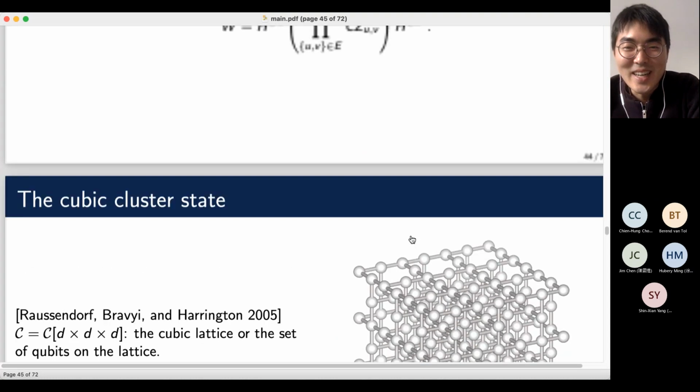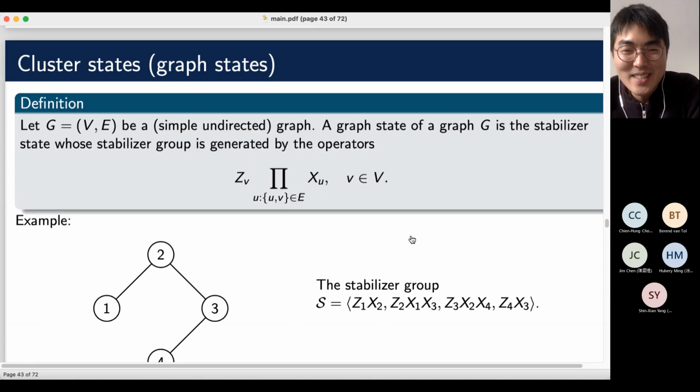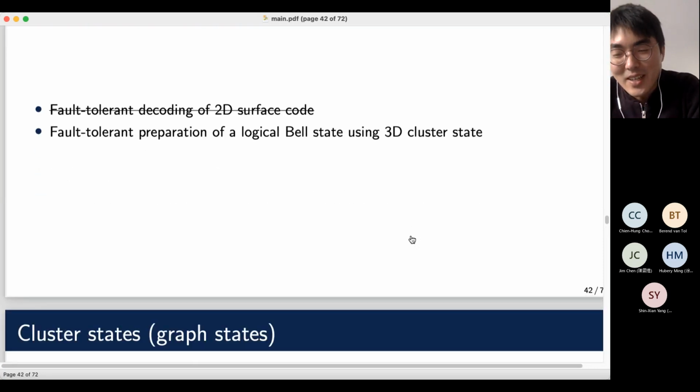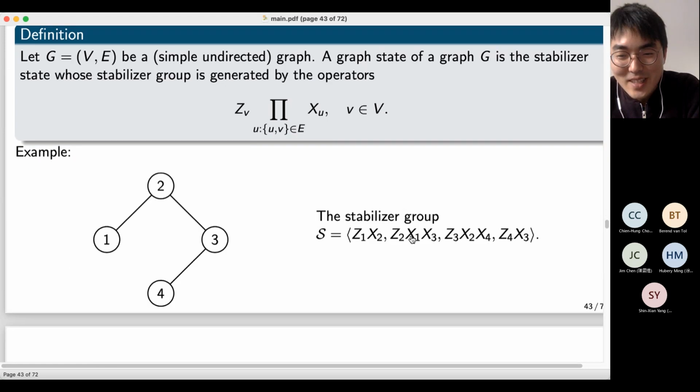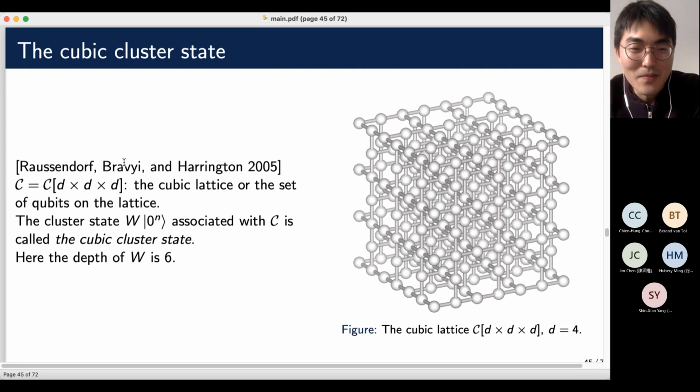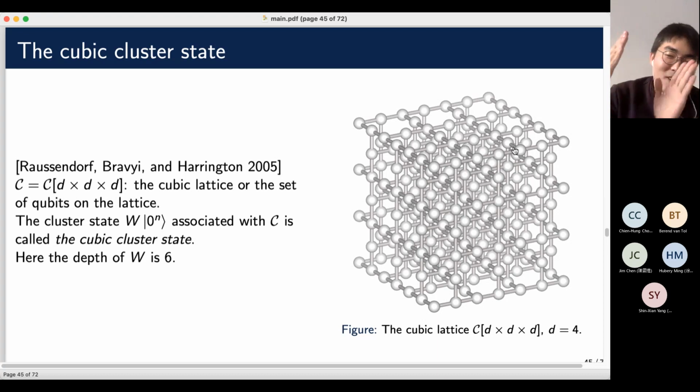Yes. I introduced this 2D surface code because one can think of it as follows. If you have this cluster state, it is well known from Raussendorf, Harrington and others that using this cluster state you can generate a logical Bell pair lying on the opposite sides of the cube.